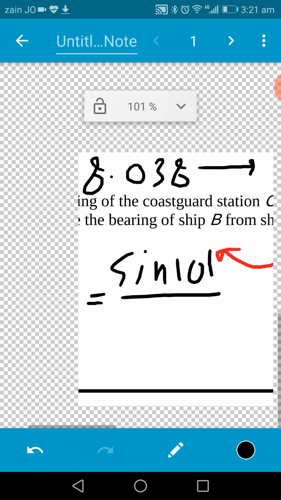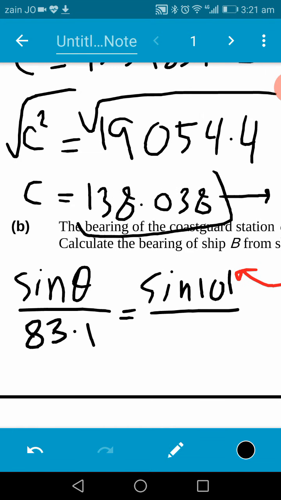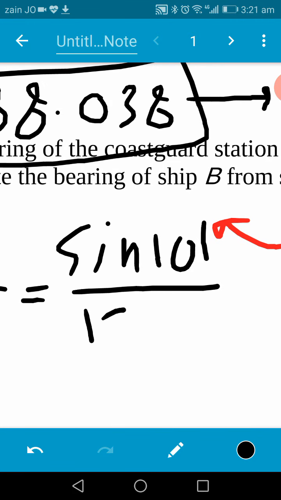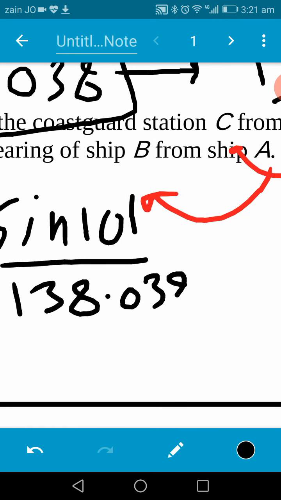Small c is here, take the more accurate 138.038.